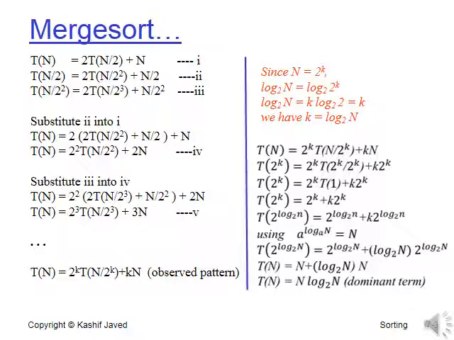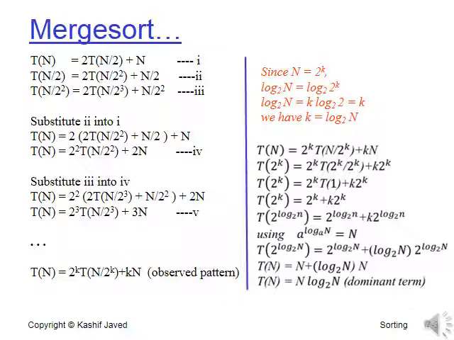Now let's substitute n by n/2^2 in equation 1. We get T(n/2^2) equals 2 times T(n/2^3) plus n/2^2. Let it be equation 3.